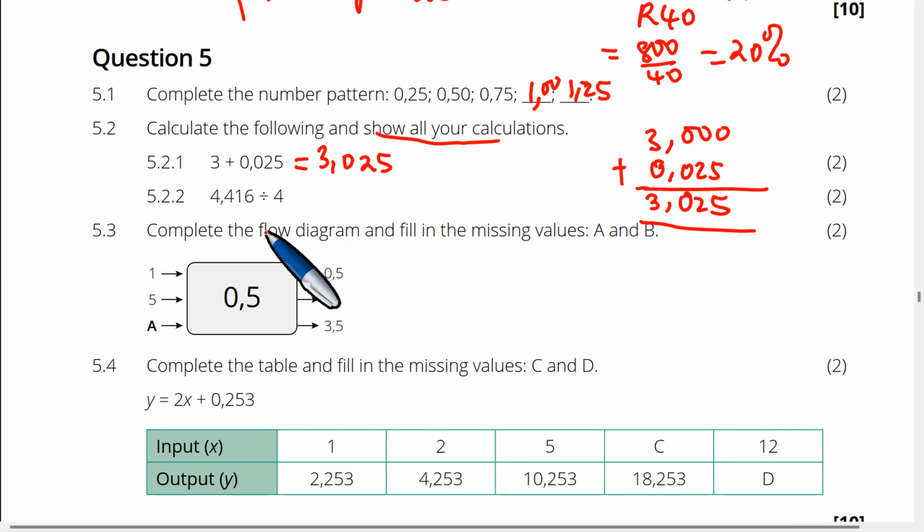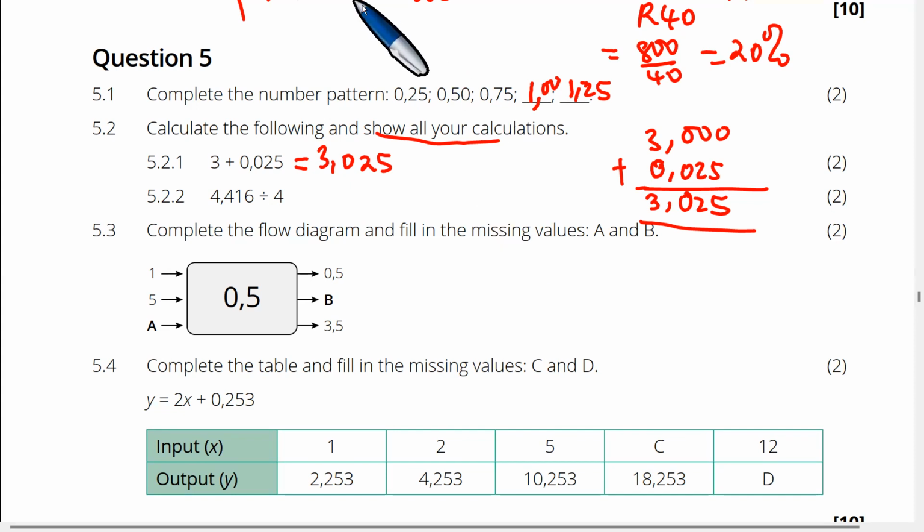Okay? Are you able to see that? Yes, sir. Okay. That is what we mean by showing all your steps. Showing all your steps is what we do. Clear, right?